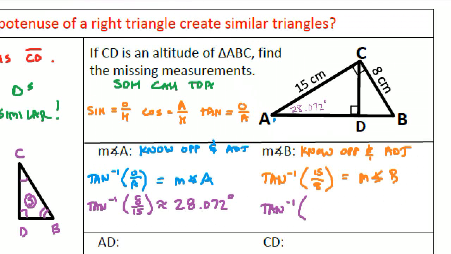Oops, I wanted to write this so you remember what inverse tangent is. It's opposite over adjacent. Now we're going to plug in what we know. Remember, for angle B, opposite is now 15. Adjacent is 8.